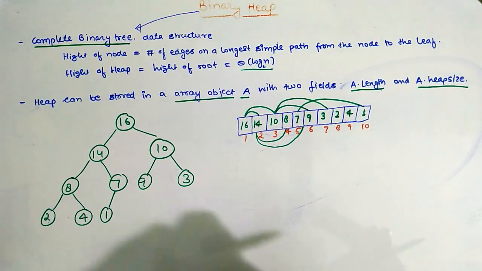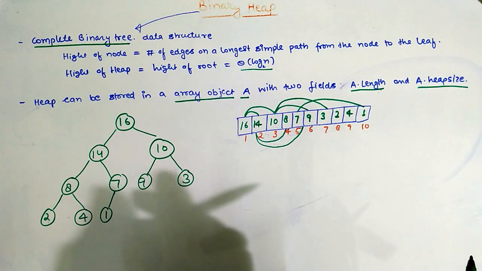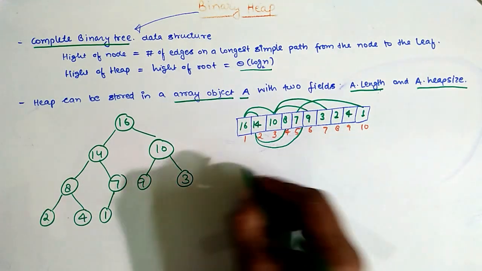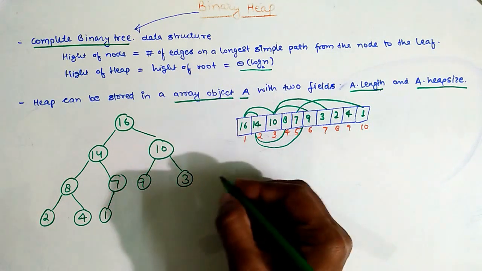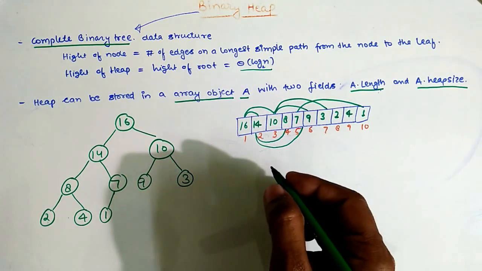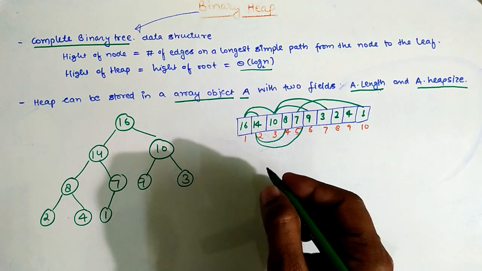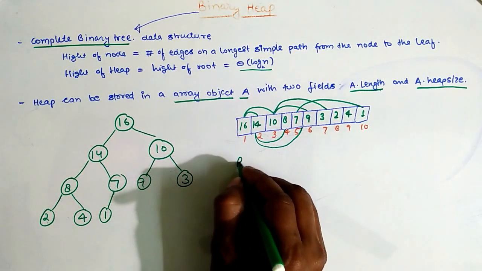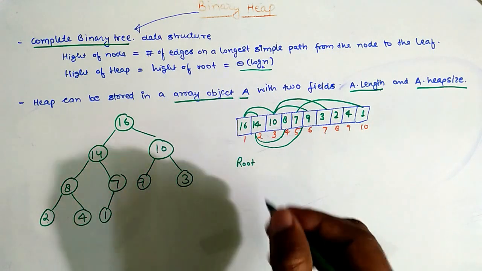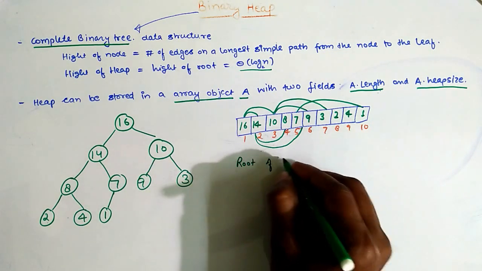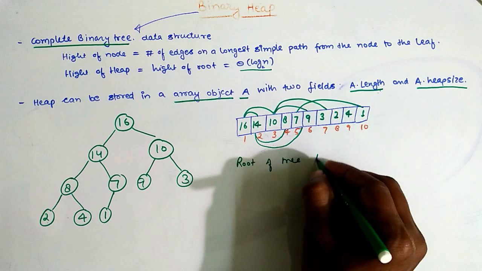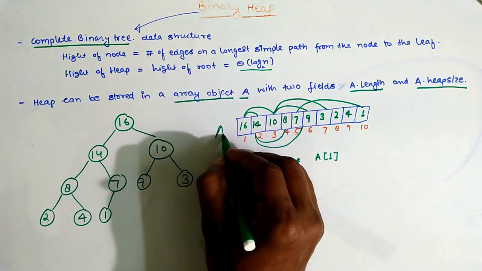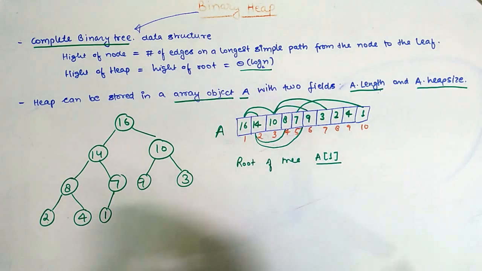Generally, there are some points in the case of a complete binary tree. If you need to find the root of a tree, the root is always at A of 1. So if this array is A, then A of 1 will always return the root.